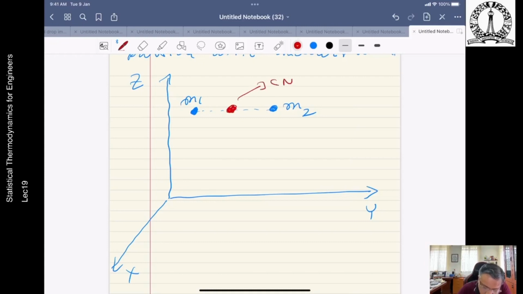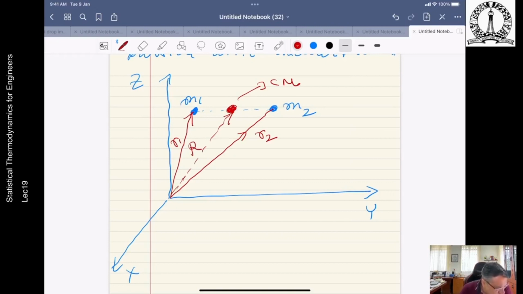This is the center of mass. So this is your R1. This is your R2. This is your R. This is mass M1, M2.